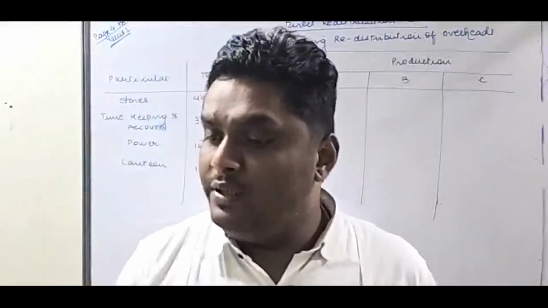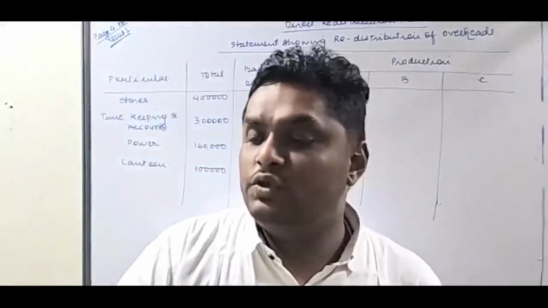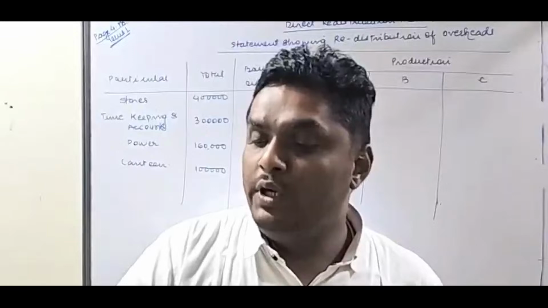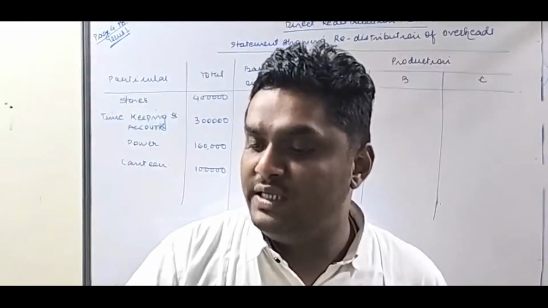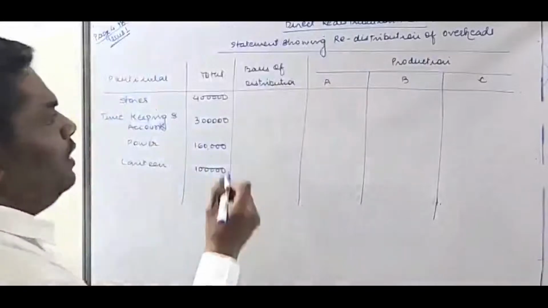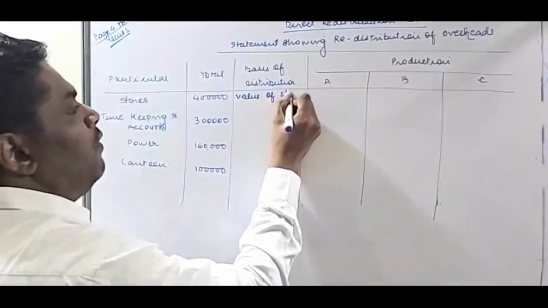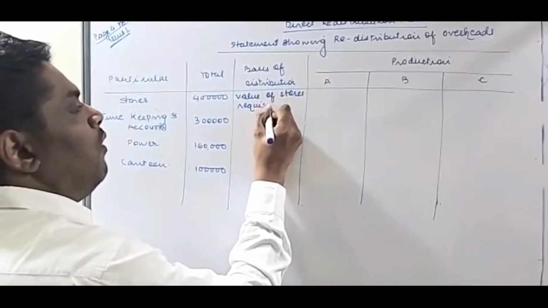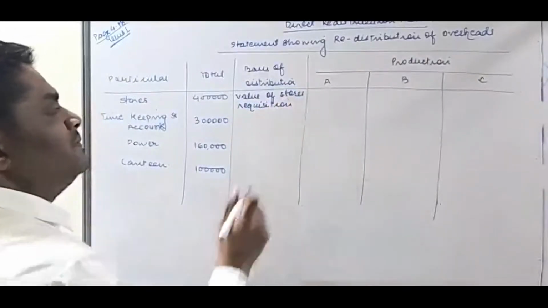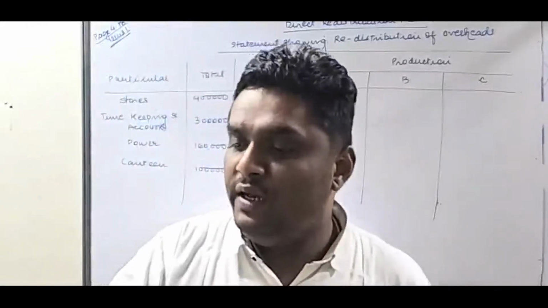Now, when talking about the stores, the overheads of the stores department will be distributed on the basis of value of stores requisition. This is given in the question itself. So the basis will be value of stores requisition. And the values of stores requisitions are 250, 150, and 100.